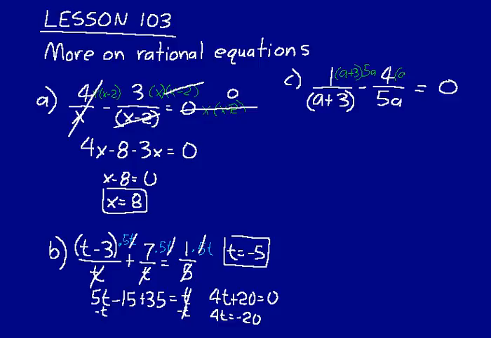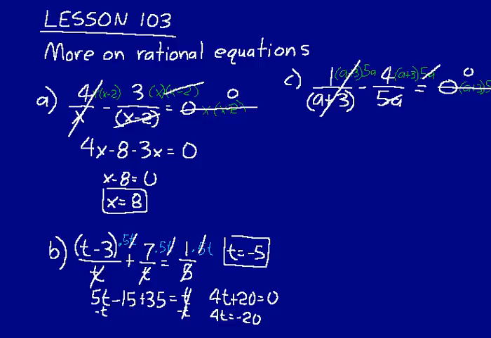A plus 3 times 5a, even the 0, just to be consistent with our multiplication rule. A plus 3 times 5a. Now we go back and cancel. A plus 3 over a plus 3 cancels. 5a over 5a cancels. And then, of course, this would cancel on the right because it's multiplied by 0.